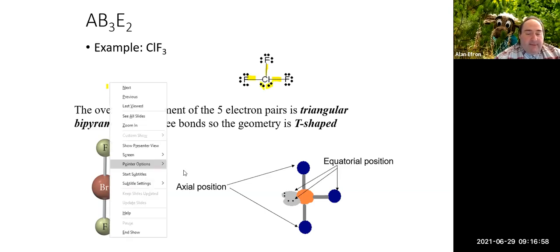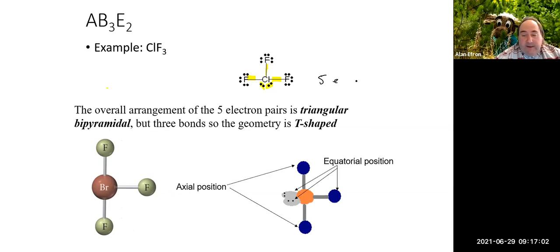We're still in the expanded octet here, 5 electron pairs. And here we now have 1, 2, and 3 bonds. With our 5 electron pairs, our electron pair geometry name is not going to change. It is still going to be triangular bipyramidal.